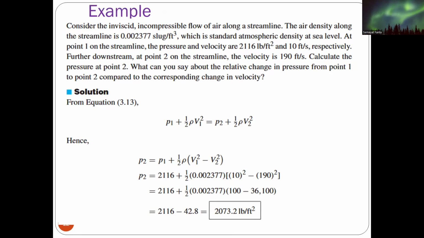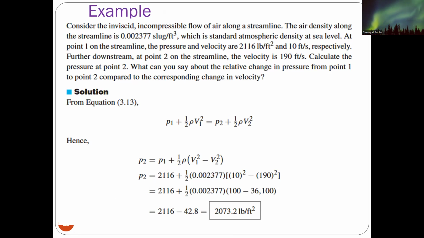Consider the inviscid incompressible flow of air along a streamline. The air density along the streamline is given, which is 0.002377 slug per feet cube, which is actually the free stream air density at standard sea level condition.